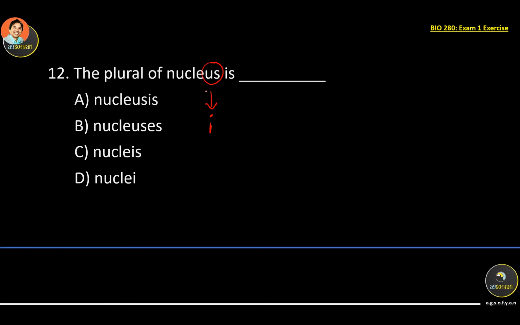So nucleus will be nuclei. If it is cactus, then it will be cacti. So US changes to I.